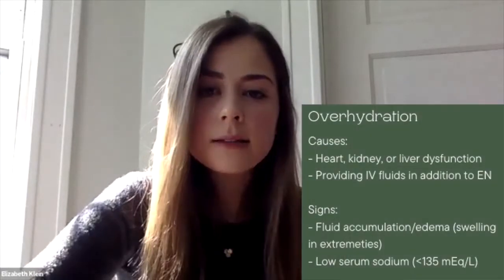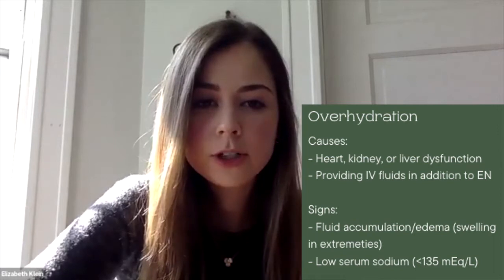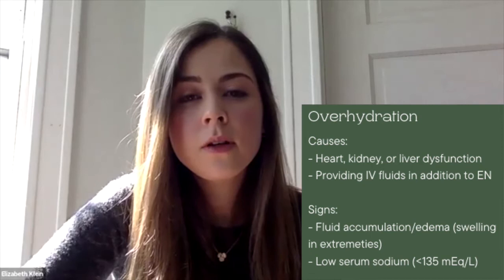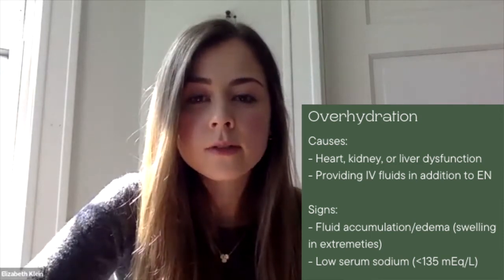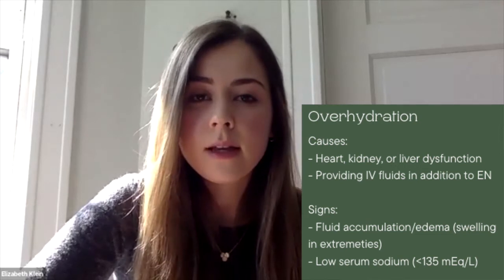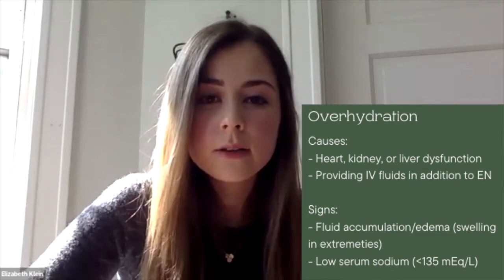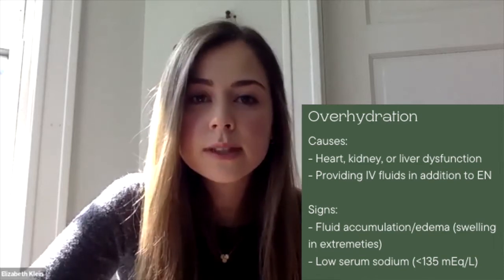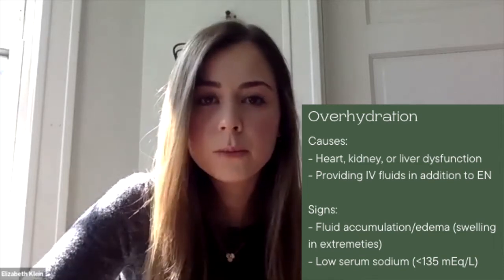All right, next up we have overhydration. So this can happen for, again, a few different reasons. So it could be that a patient has a chronic illness that they're not able to regulate their fluid status as one would normally be able to.